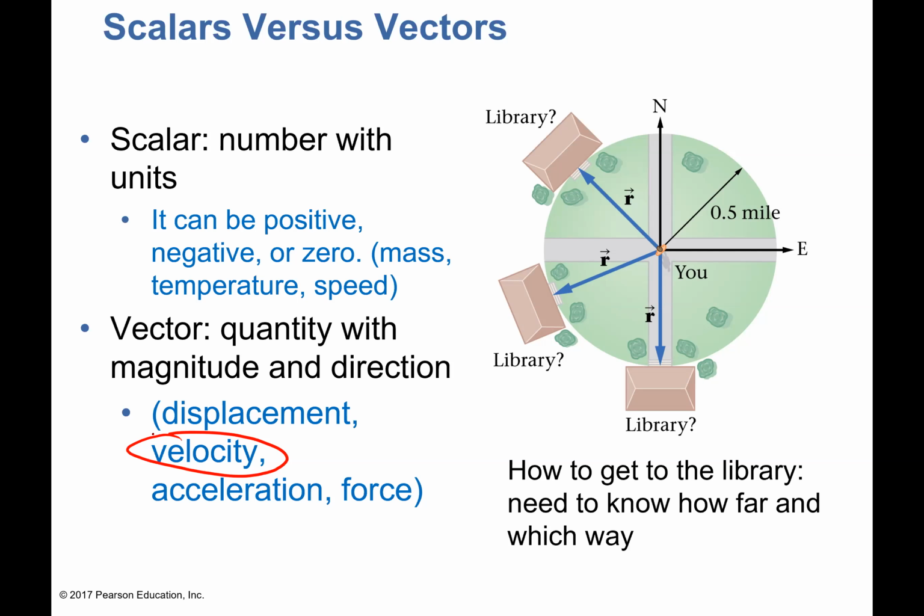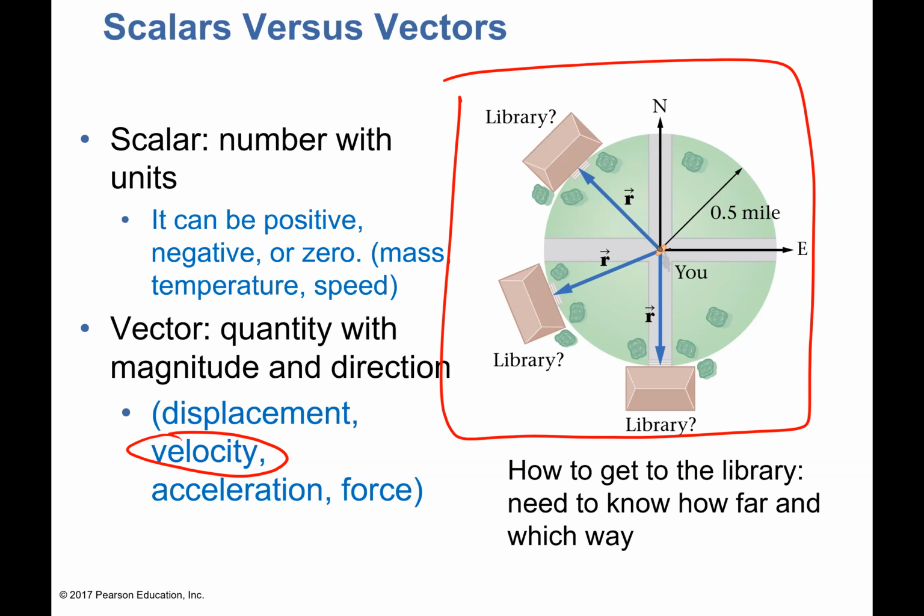But if that person wants to go to the library, the next question will be, where do I go 500 meters from here? That means which direction should I walk 500 meters to get to the library? Now you have to give 500 meters north or northeast, some kind of direction, right? So for that person to be able to go from where you are to the library, what you can see over here, in this picture, is, let's say this is you.